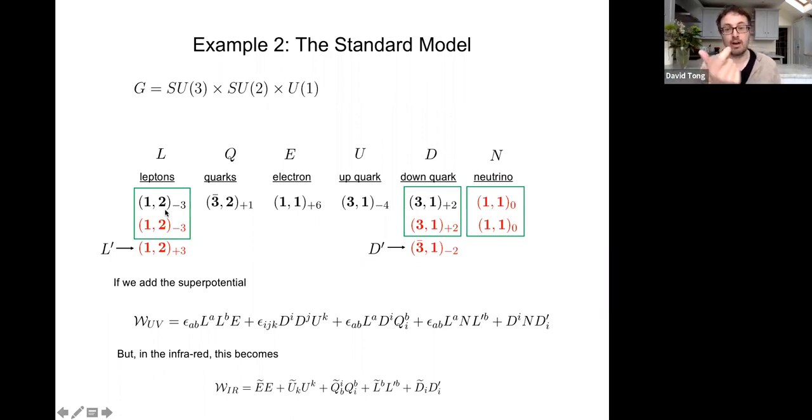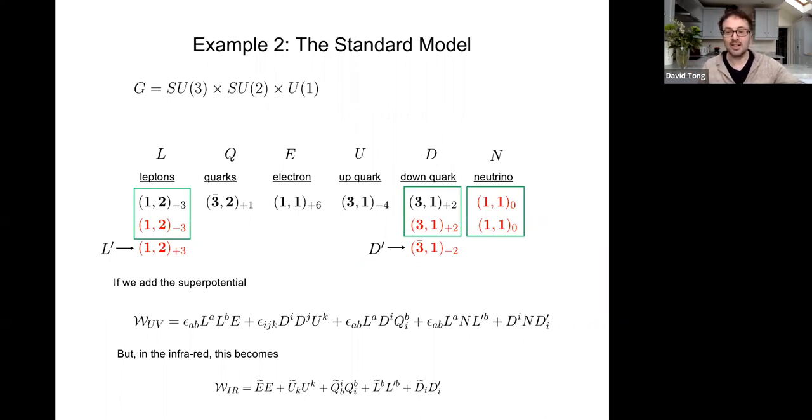As you flow to the infrared, the 2 inside bind together to become mesons, and what look like cubic terms in the superpotential actually become quadratic terms in the infrared, and therefore give a mass to all the fermions. The mass happens preserving this G equals SU3 times SU2 times U1 group, because this superpotential preserves this group. So it's an explicit way to give masses to one generation of the standard model, preserving the electroweak symmetry.